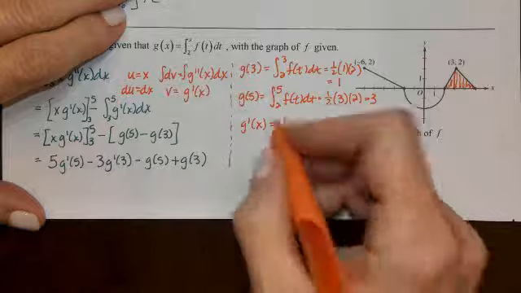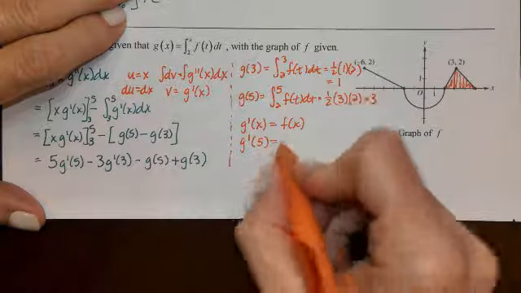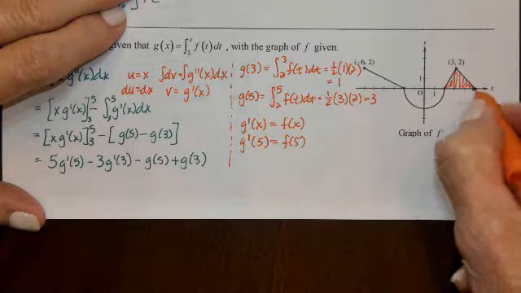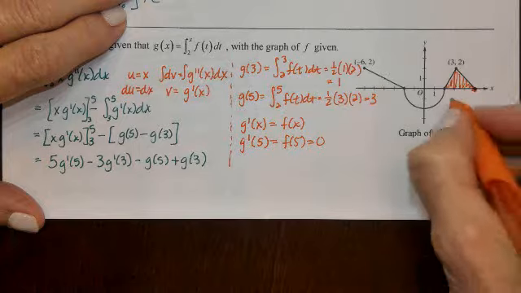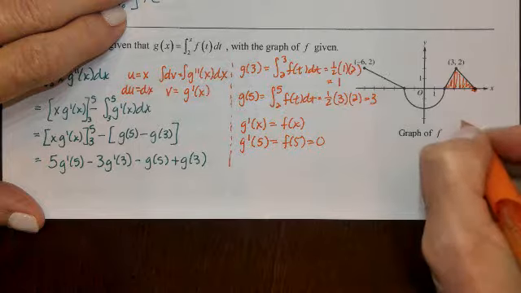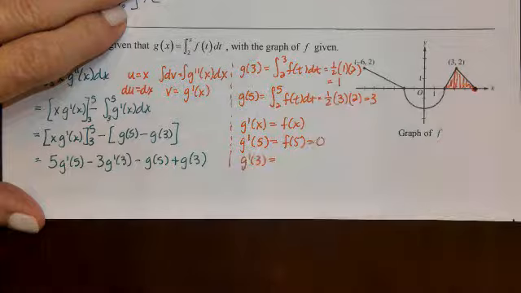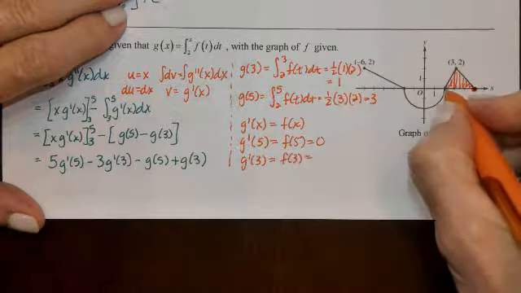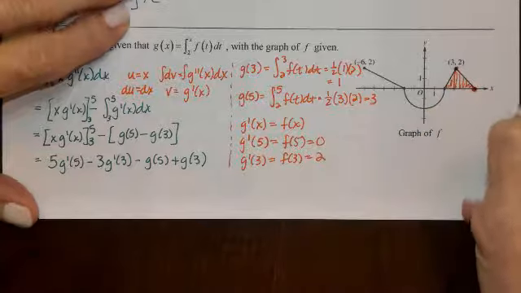Okay? So g prime of 5 is f of 5, and f of 5 is 0. It's just right there on the graph. g prime of 3 is f of 3, and f of 3 is 2, right here.